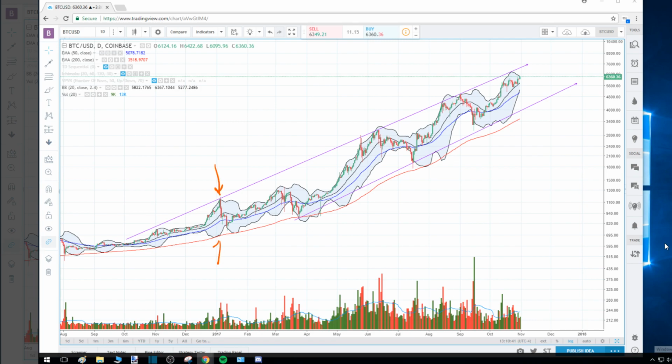We see this bulge here. We see it here. We see it here, here, and now we're seeing it here.